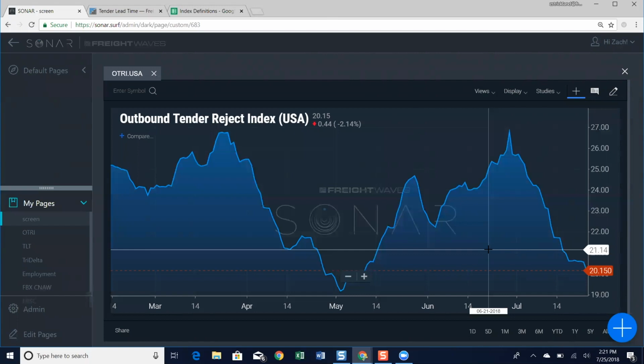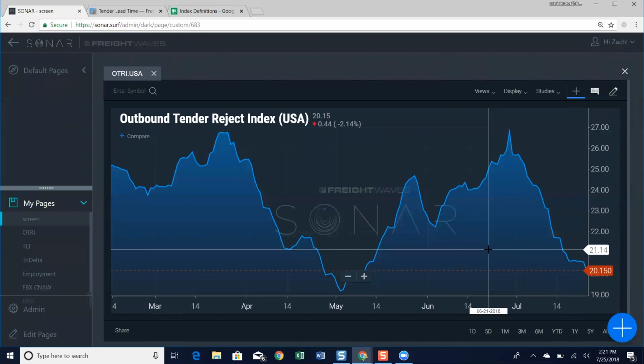There's only one reason to reject your contract rate and potentially upset your customer by not covering their loads, and that is because you're going to get paid significantly more to do that. It's not going to be something a carrier just does for another 2 or 3 cents a mile. It's going to be something they do for several more cents per mile, just so they don't disrupt the relationship they have with the shipper.